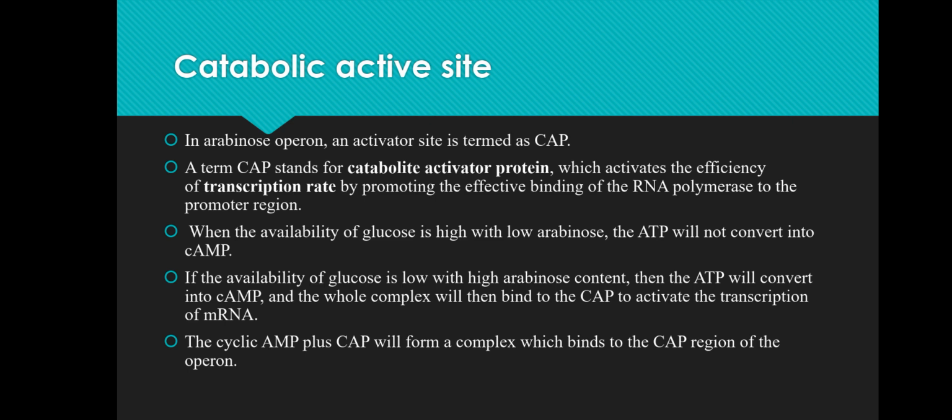When the availability of glucose is high and arabinose is low, the adenosine triphosphate will not convert into cyclic adenosine monophosphate. But if glucose is low and arabinose content is high, then the adenosine triphosphate will convert into cyclic adenosine monophosphate. And this whole complex will bind to CAP and which activates transcription of mRNA.